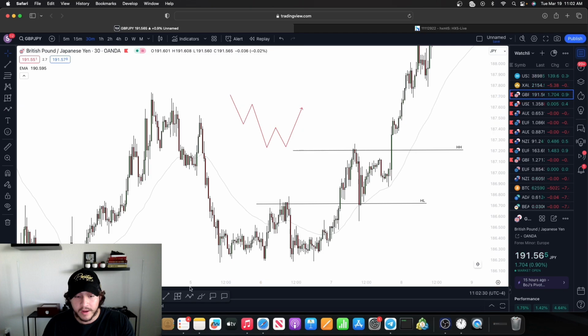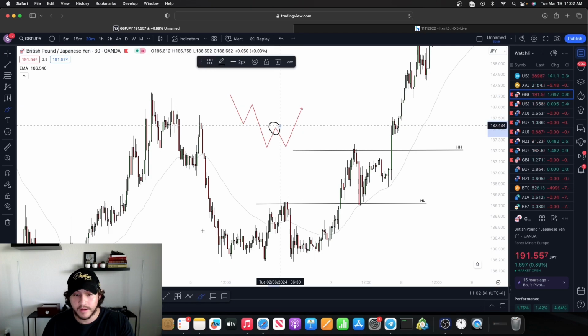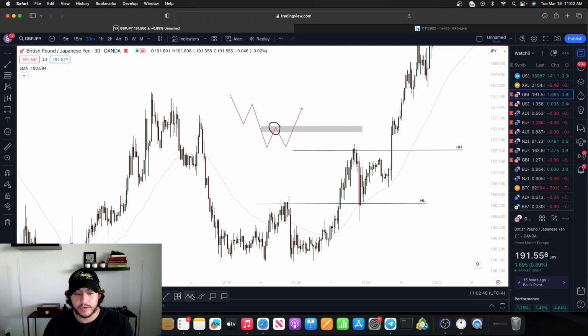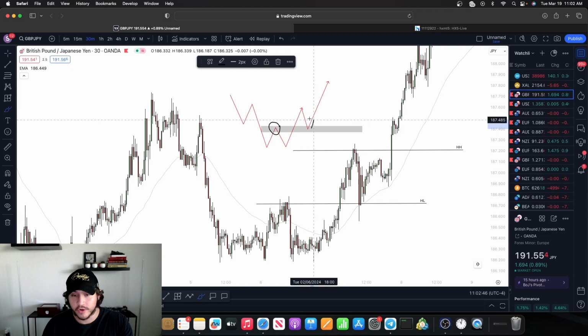Break above lower high. Wait for what? The pullback, right? Once you guys get the pullback, you get the higher low, and then boom, you guys buy the market. Switch of structure right over here. Lower high, higher low, buy the market, right?